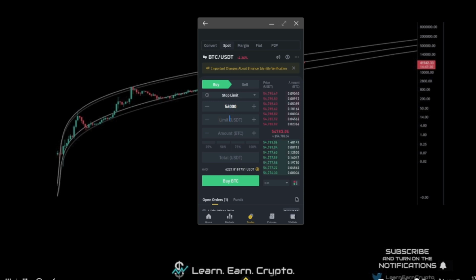And the limit price is slightly higher, 56,500. This means your order will be placed when the price reaches your stop price, which is 56,000.